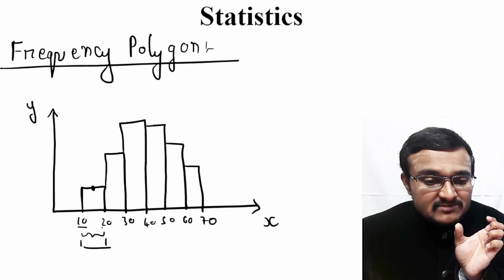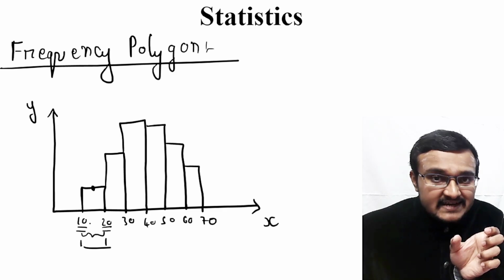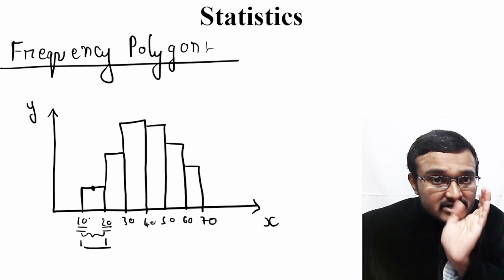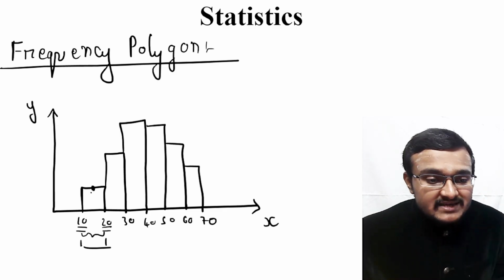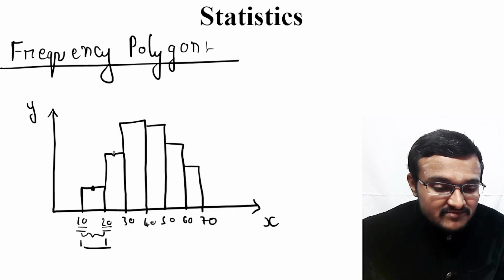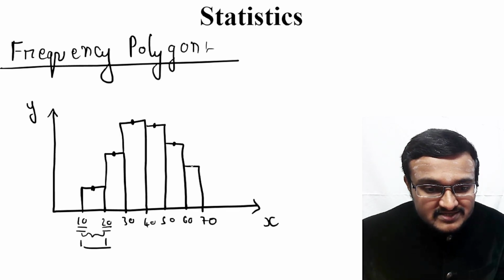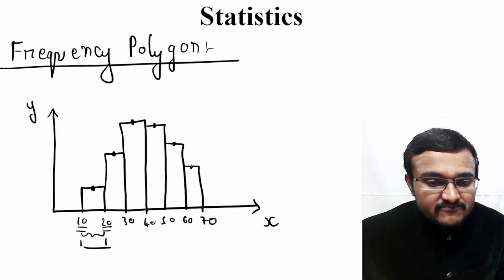If 10 is the starting point and 20 is the ending point of the first rectangular bar, then in between 10 and 20 you take the point on top of this bar. From 20 to 30, the midpoint will be somewhere here. From 30 to 40, here. From 40 to 50, here. From 50 to 60, here. From 60 to 70, somewhere here.